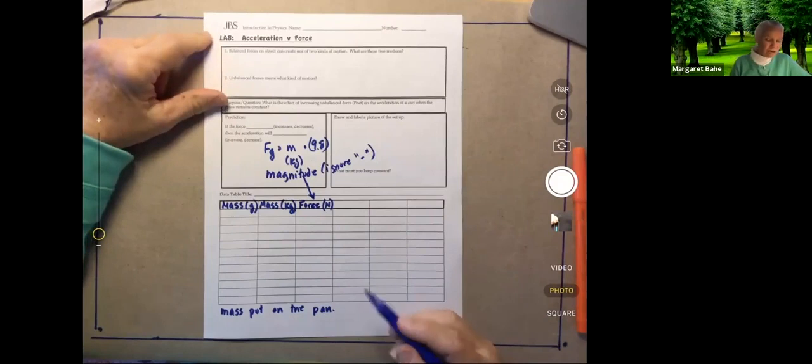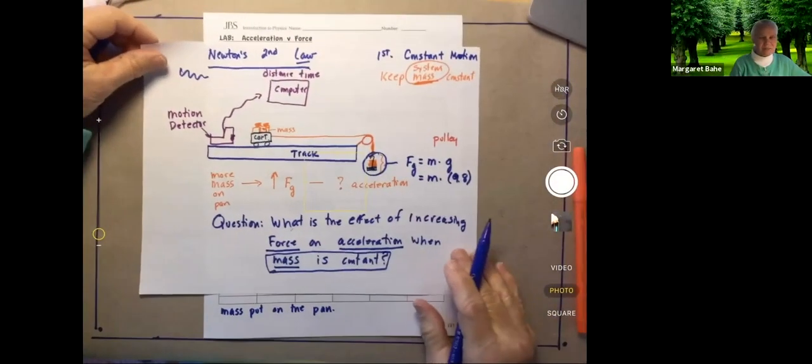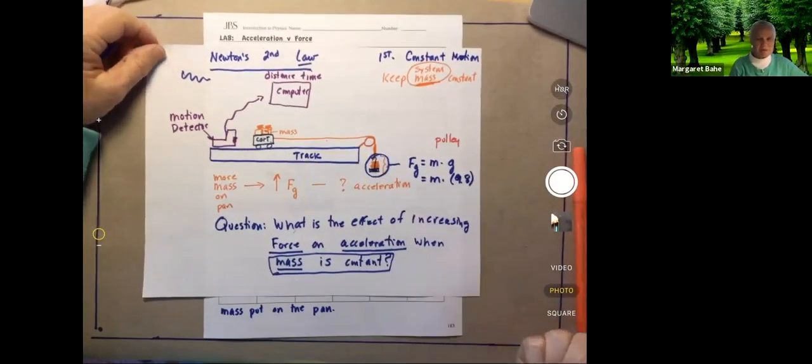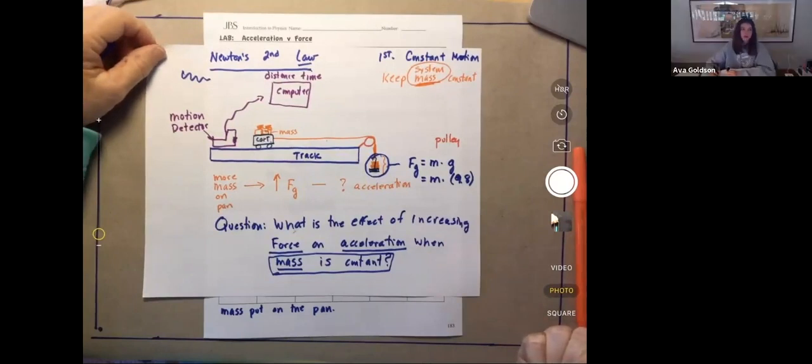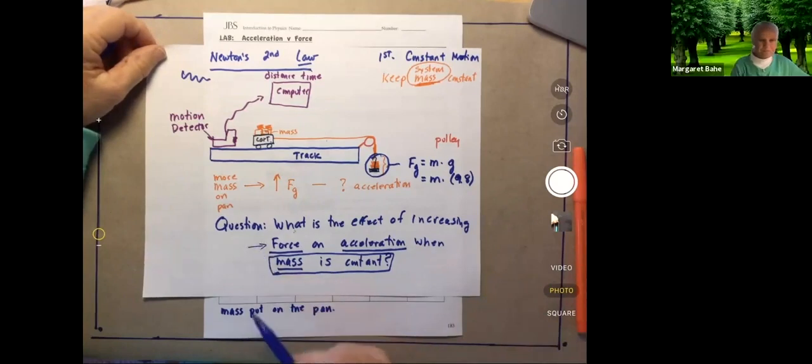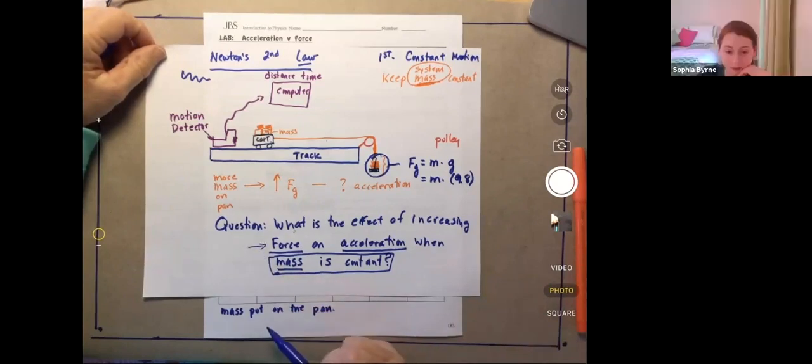Thanks for noting that. And then finally, what's our dependent variable? What are we trying to measure ultimately in this experiment? We're changing force. What question are we asking? Acceleration.